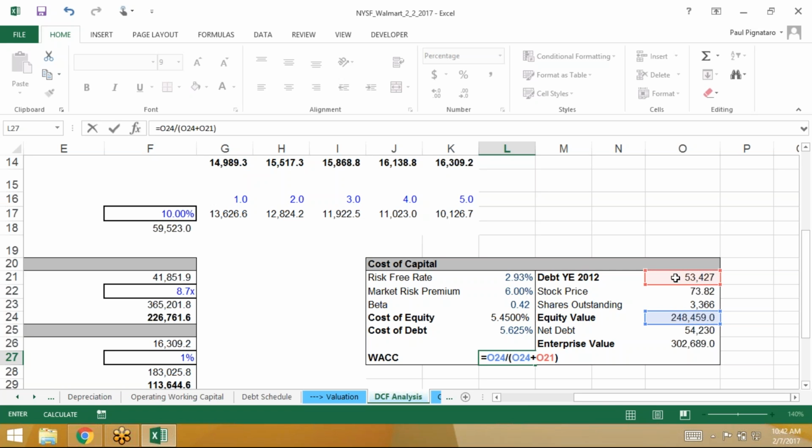That's the weight. That's the equity weight. Times cost of equity. Plus the debt weight. Debt divided by the sum of the debt plus equity.